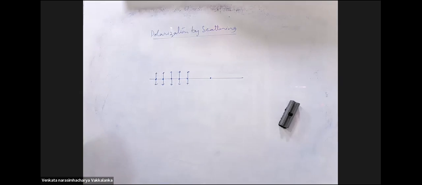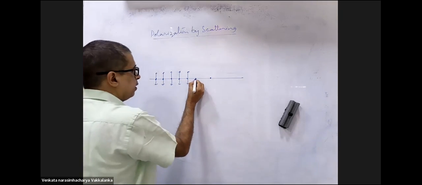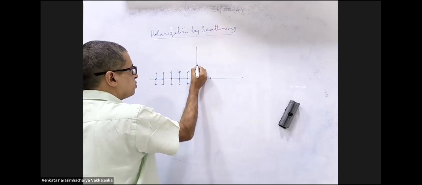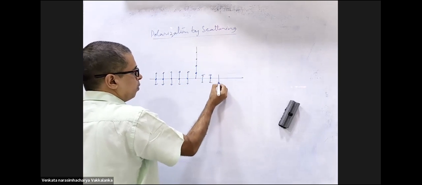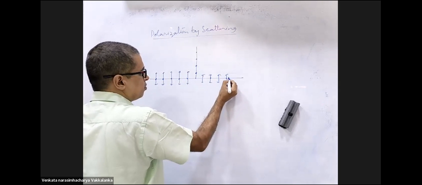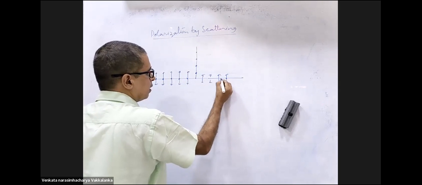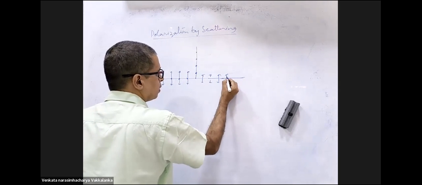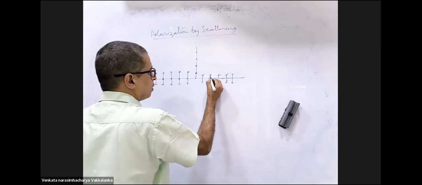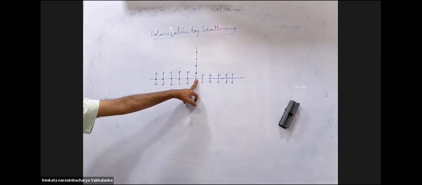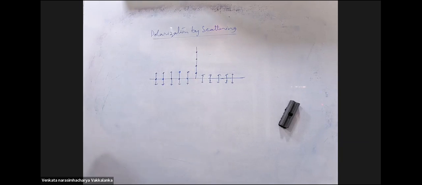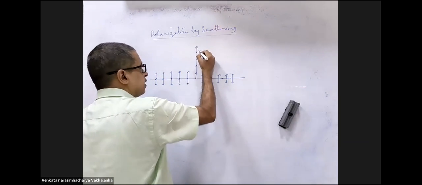Once it is scattered at this particular point, you will see polarized light here and polarized light in this direction. This is scattered in this medium. This is polarized light.